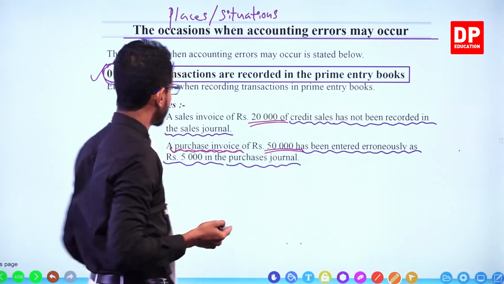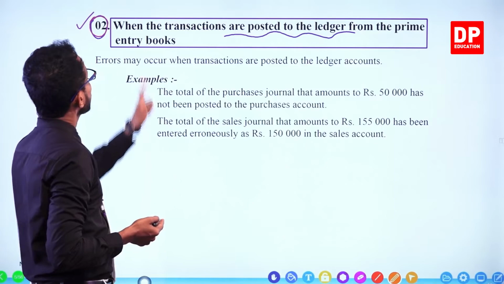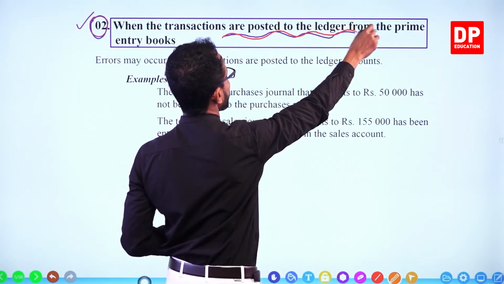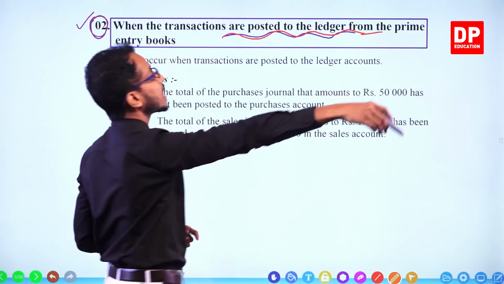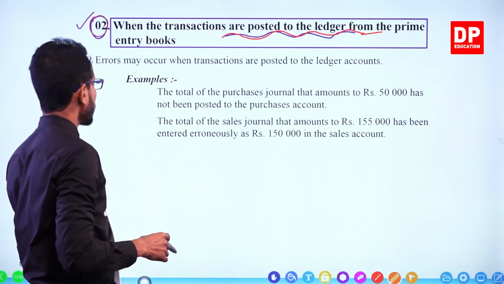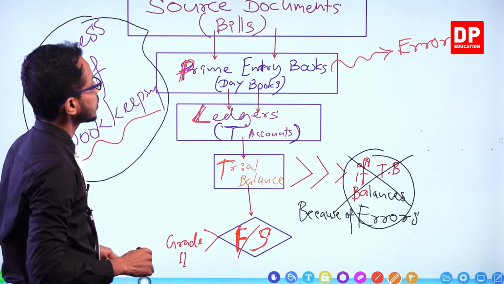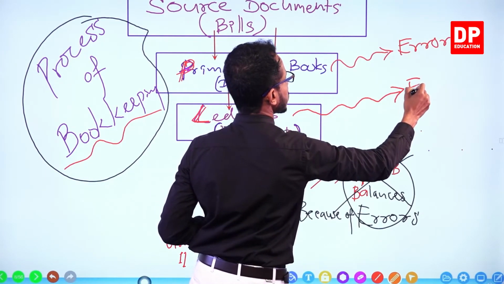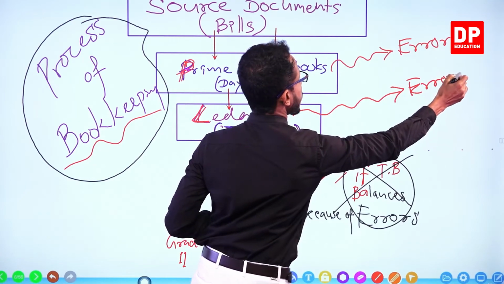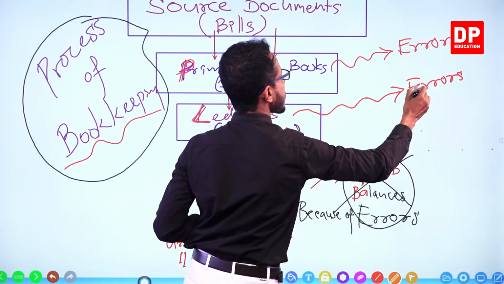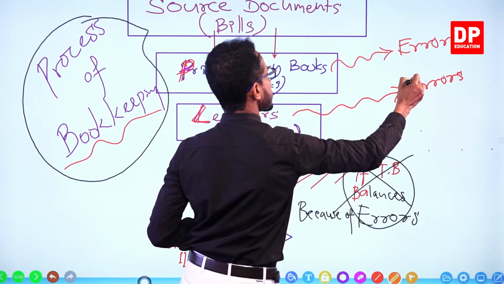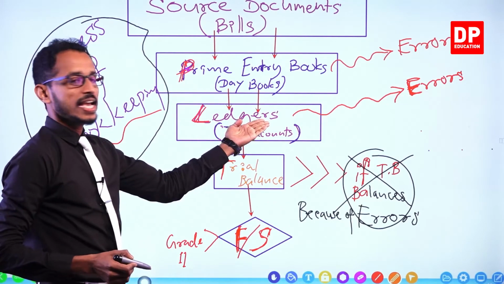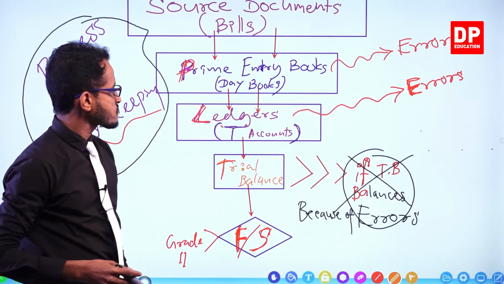Second, when transactions are posted to the ledger. There can be errors here, in the ledgers also.